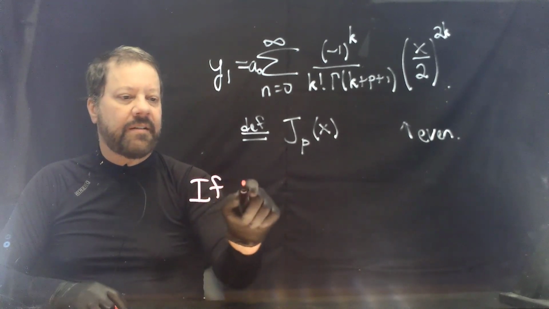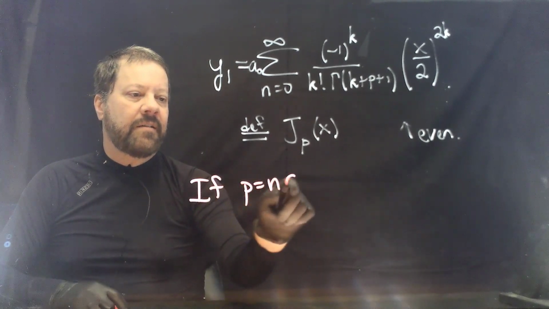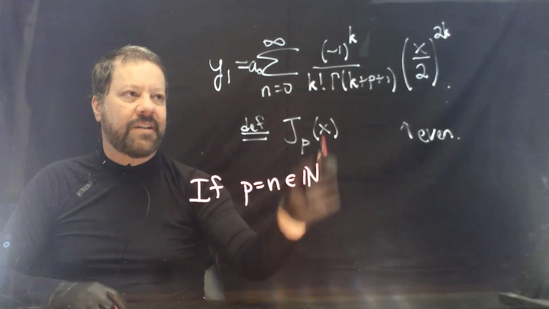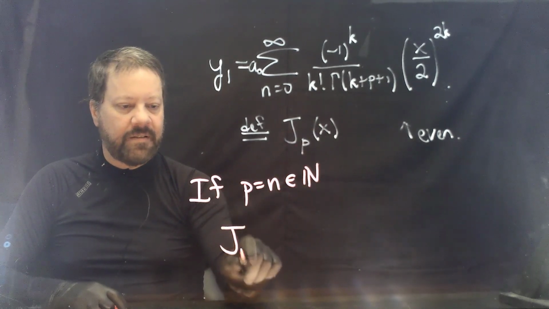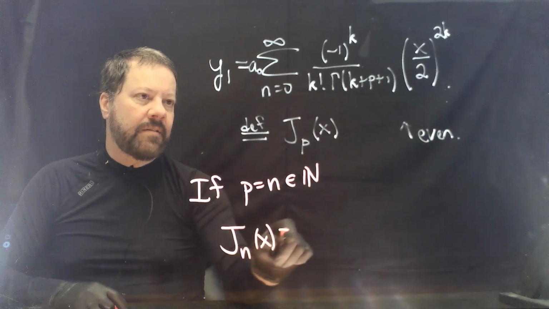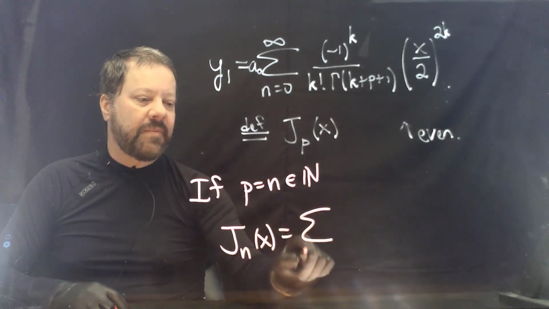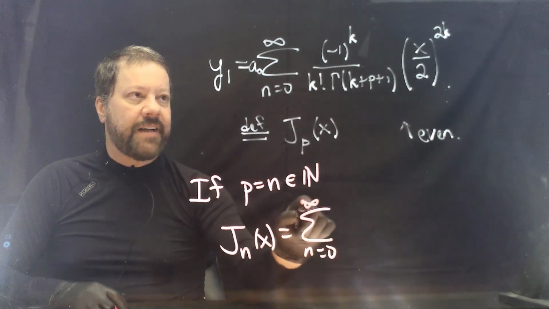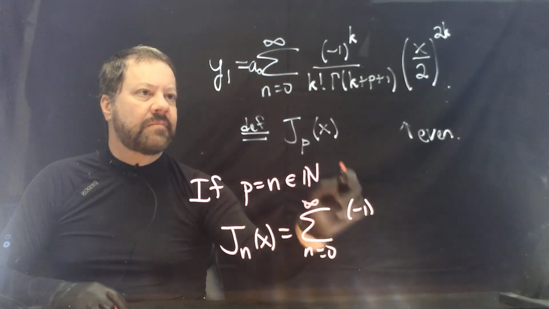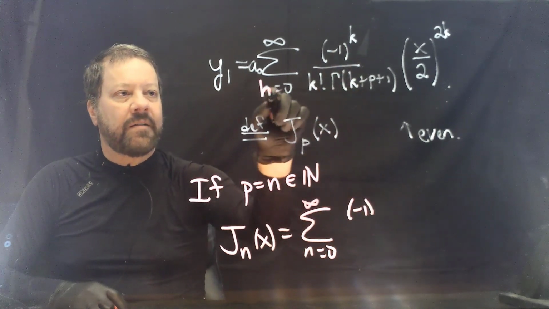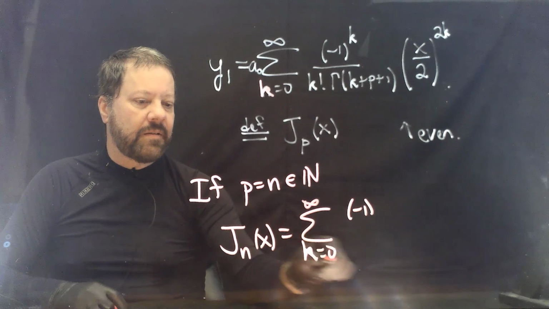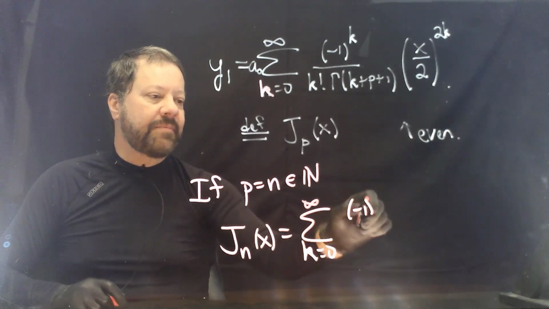In particular, if p is a natural number, we'll have the sum. K goes from 0 to infinity.